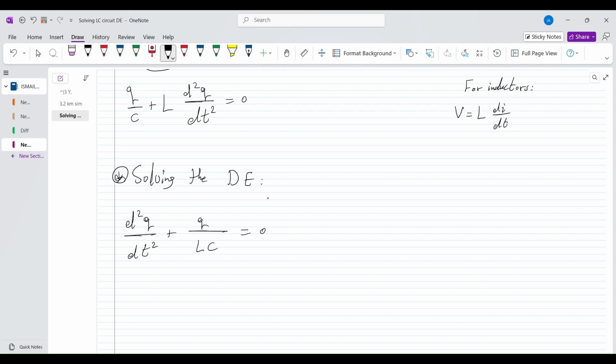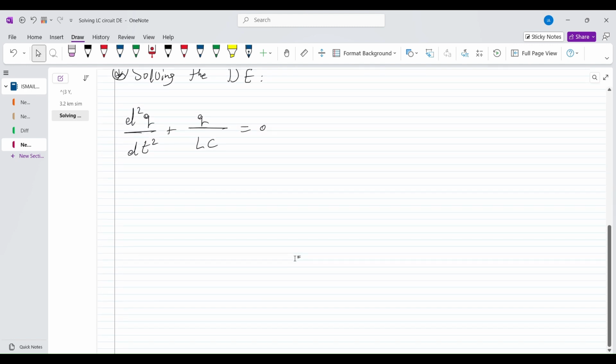Of course, this differential equation is of constant coefficients, and to solve such a differential equation, we can assume the solution Q of t equal to e to the mt, where m is just some constant that you need to find. So the solution will be of this form.